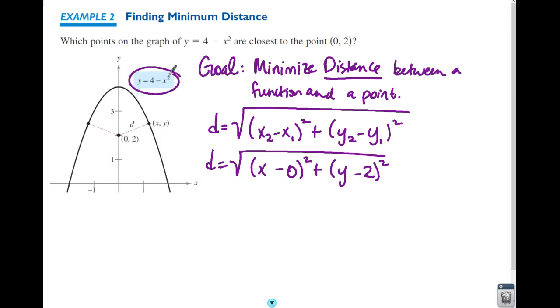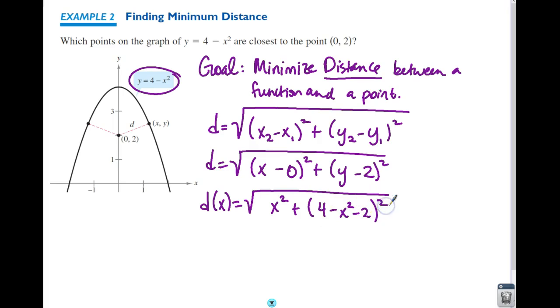I already know that y is equal to 4 minus x squared. So where I have a y right here, I'm going to rewrite that as 4 minus x squared. So now I can write my distance as a function of x: x minus 0 squared, I'm just going to make that x squared, plus, instead of y, 4 minus x squared minus 2 quantity squared.